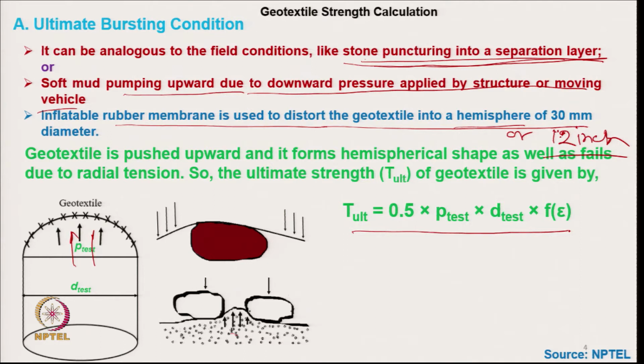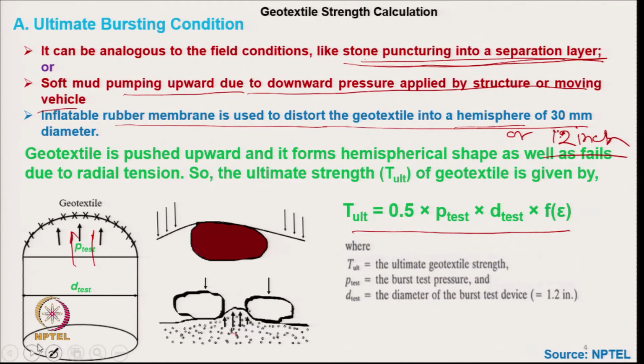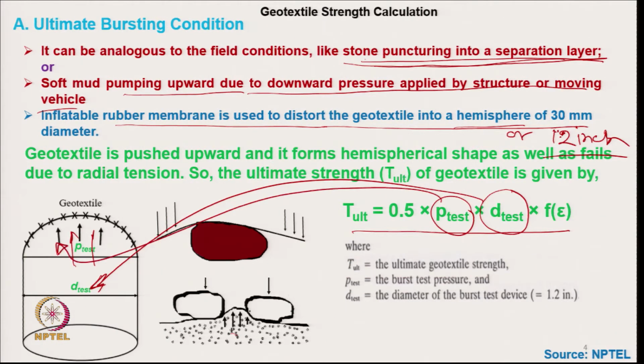Here in the earlier case, the diameter was the void diameter, here this diameter is the diameter of the test ring, P test is the pressure applied at which geotextile bursts, and the F epsilon is the strain on geotextile.